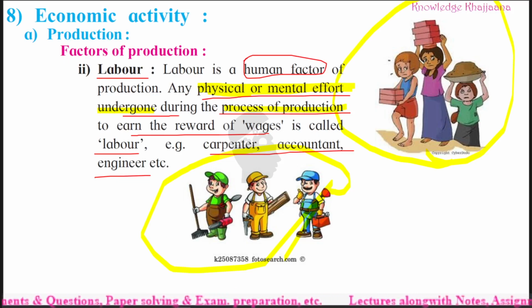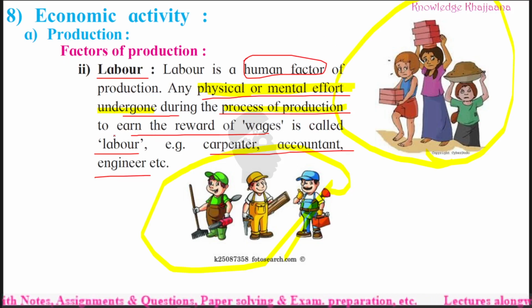So in the production of some goods or services, they earn some money, some remuneration in lieu of the services which they have given. Lieu of means what? Instead of. Whatever services they have offered, which services? Physical or mental activity, that is the human factor.